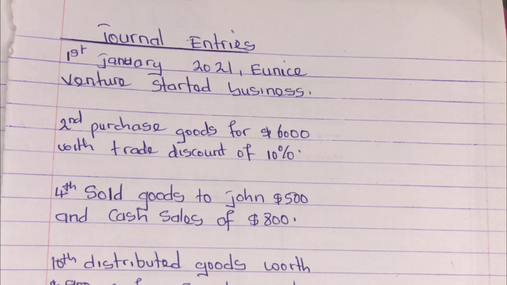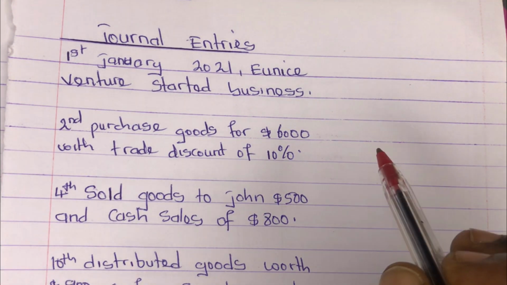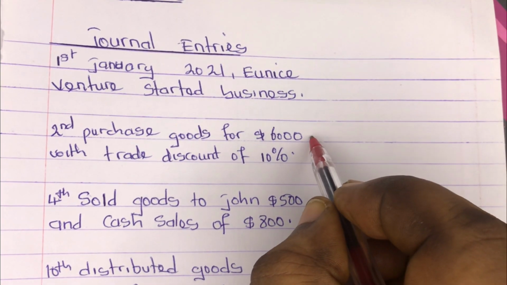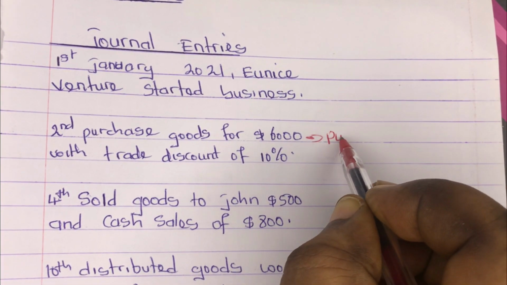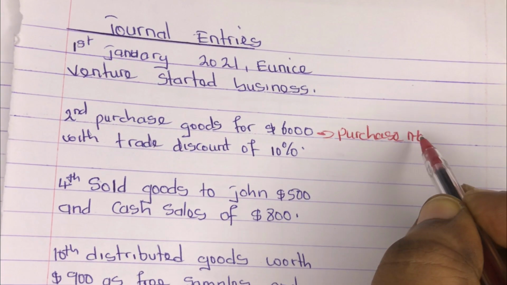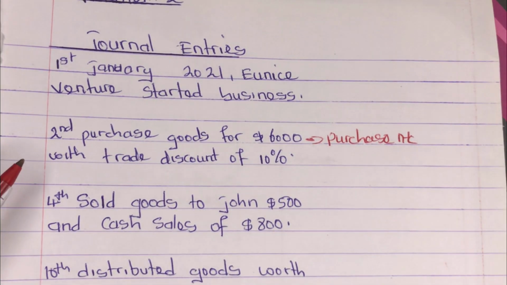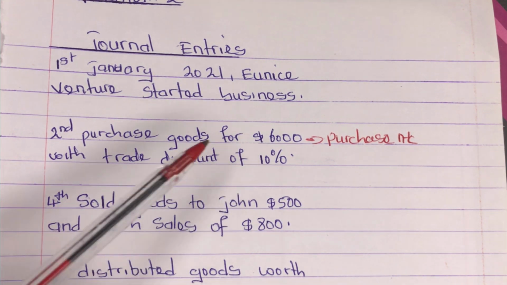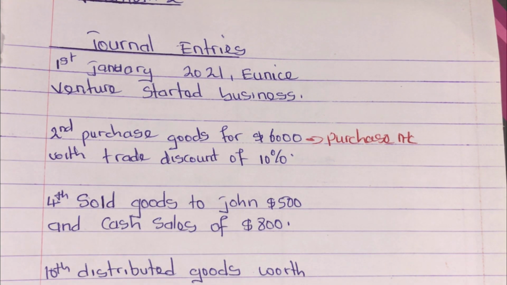So the first thing we need to do is to identify the accounts that are in this transaction. So if we purchase goods, it means that the first account is the purchase account. And then we purchase for 6,000 and we receive a trade discount of 10%.